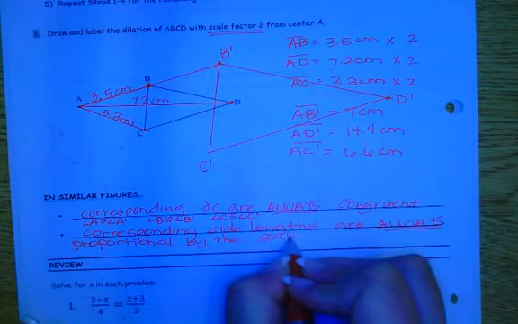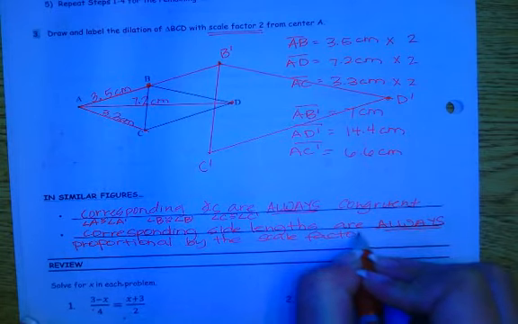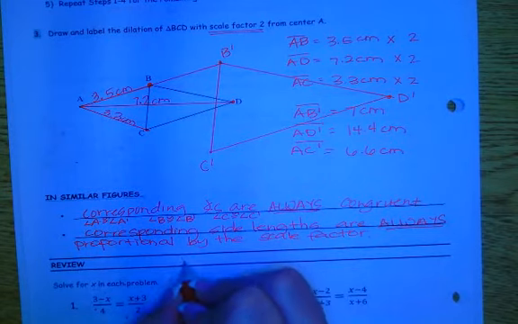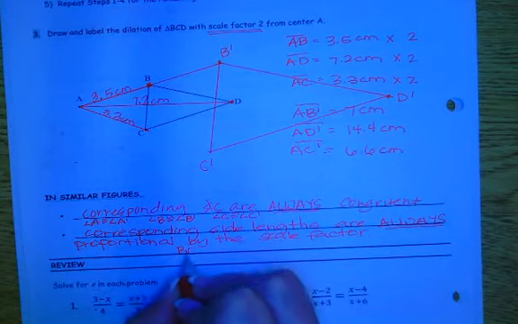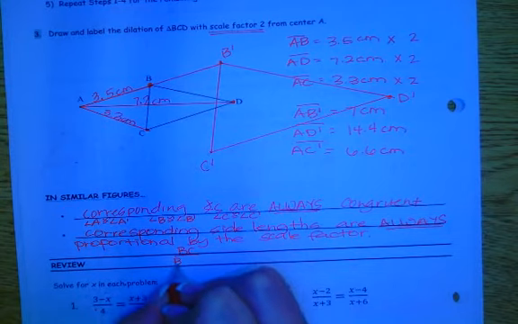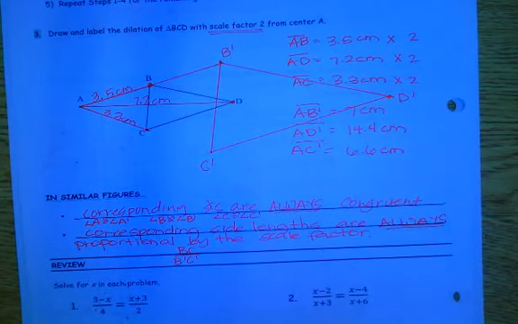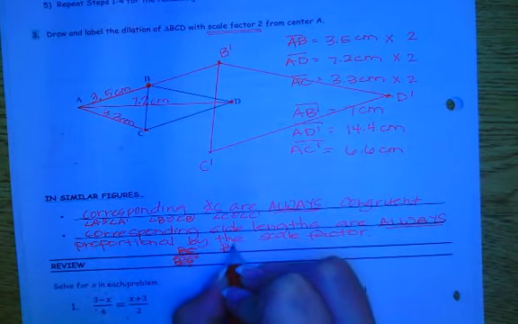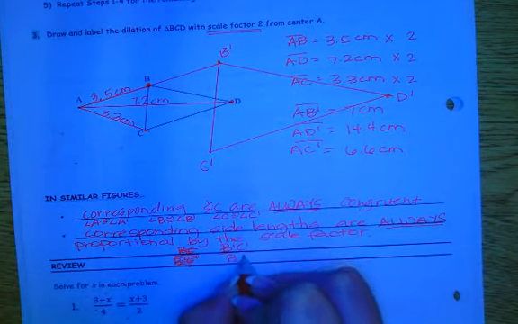So, BC over B prime C prime, actually I should switch that because it's new over old, sorry. B prime C prime over BC has to be equal to B prime D prime over BD.